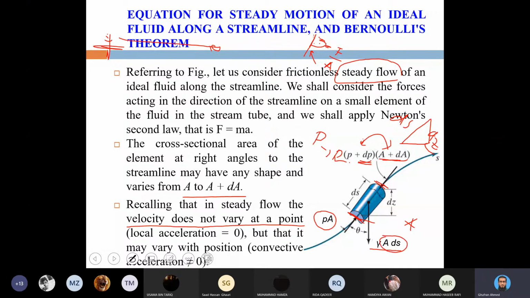This is the volume, and if you multiply by gamma, then it becomes the weight, and it is acting in the downward direction. So if we consider forces in this streamline direction, then we need to take the weight component with respect to this theta. Okay, so this is all about the figure.